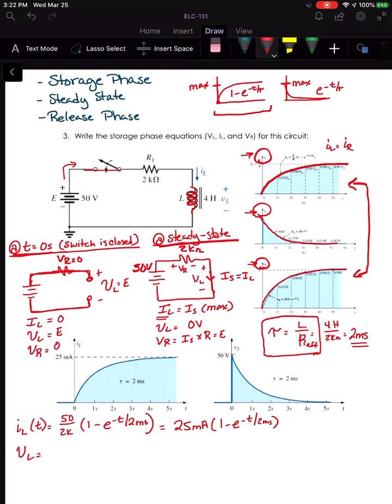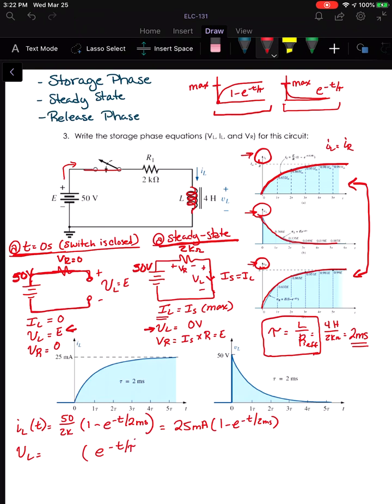Let's look at V sub L. So we're starting at the maximum voltage we would see across that inductor, and we're going to 0 over time. So that shape is this one here, starting at a maximum and going to 0.